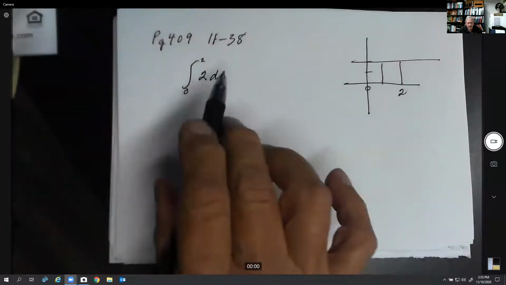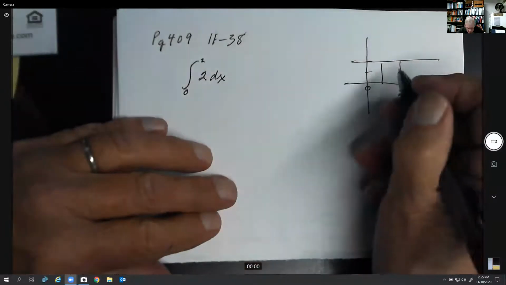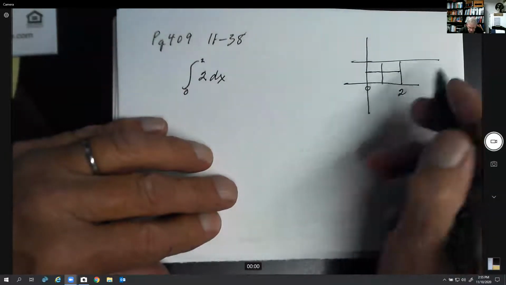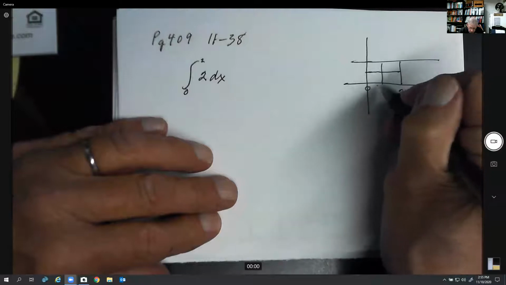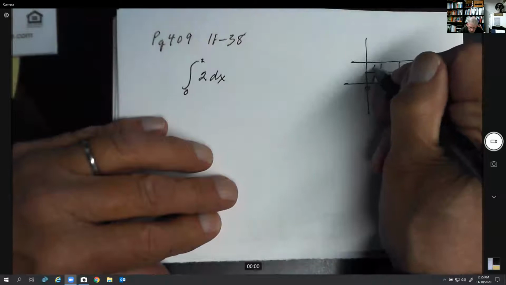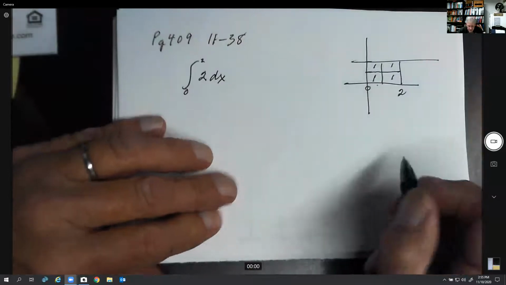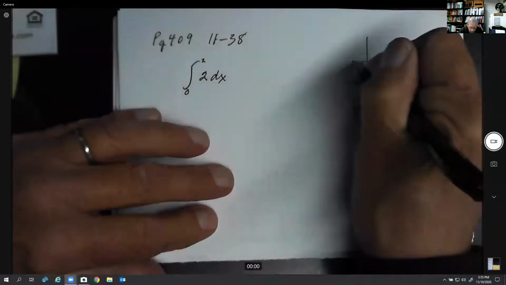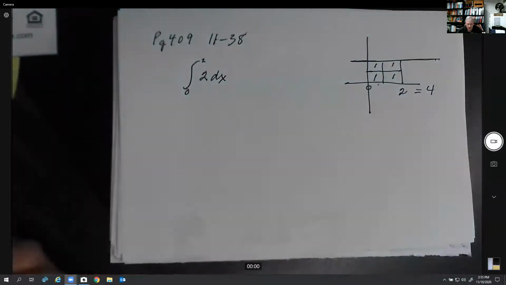Well, this one being a very easy problem, we could take a look. We could just actually count. Let's divide this up into boxes. This unit right here is 1. So 1 times 1, this is 1. This is 1. This is 1. This is 1. It looks like it would add up to 4, huh? The area under this curve, which isn't much of a curve, it's just a straight line.